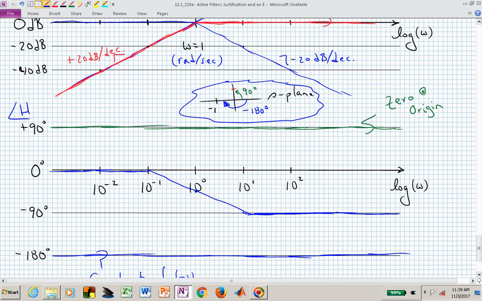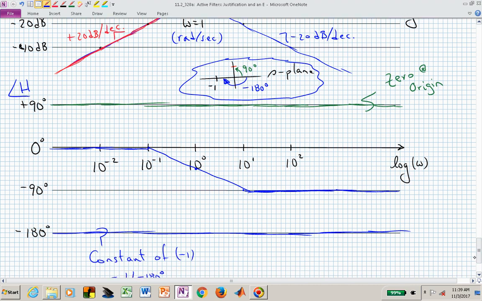We have a 0 at the origin, we have a pole at 1, and we have a constant of -1. Let's now add all of those up. We have 90 plus 0 minus 180, so those algebraically combine to give us -90, and they're flat until we start seeing a slope change, and that slope change is due to the pole at 1.